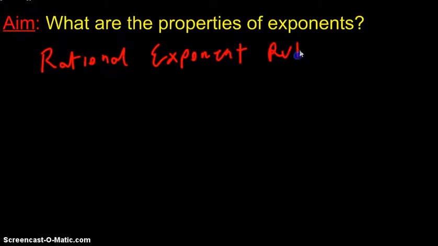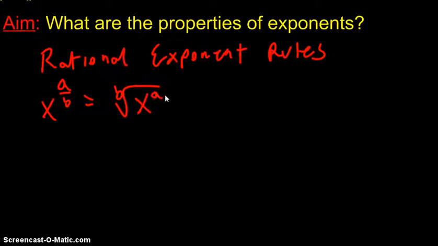There's really only one rule, and that is any number to the a over b power is equal to the bth root of that value to the ath power. It's also equal to the bth root taken a times. I'll show you why this works.